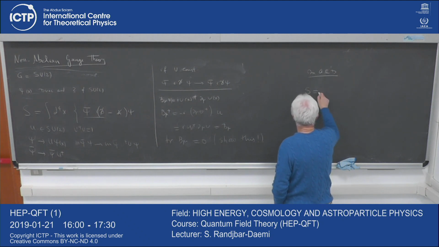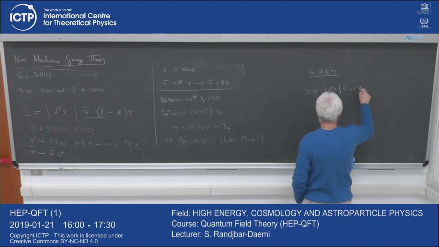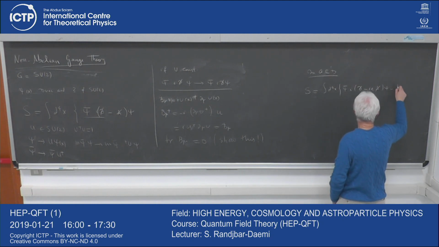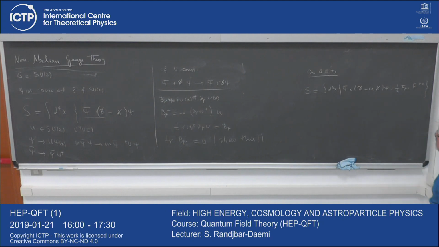we have the action psi bar I E slash minus I E A slash minus 1 over 4 F mu nu squared, and the E entered here.